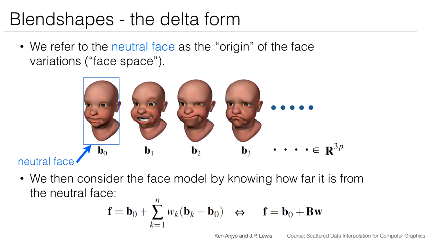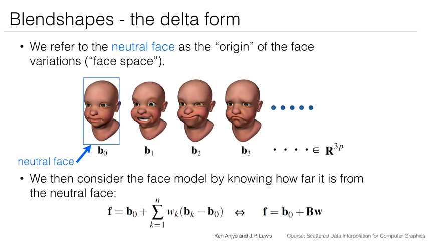From now on, we rather use the delta form. We want to measure the difference between the target face and the original neutral face. At the bottom of this slide, you can see the formula.